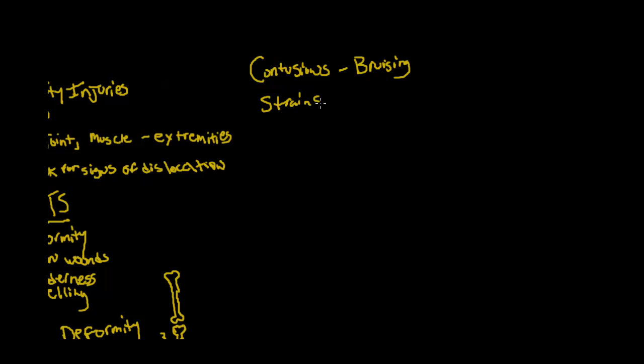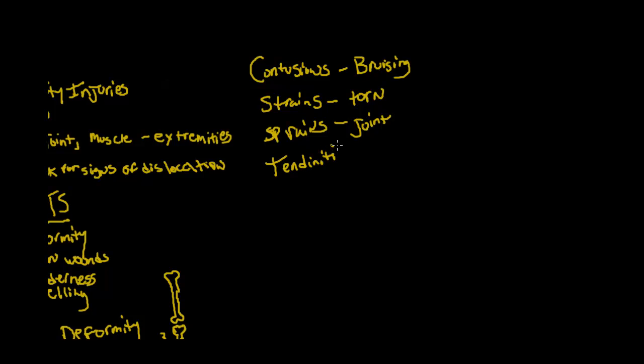Strains, I know we talked about this in the last chapter, so I'm just going to briefly touch on it. Like torn muscle fibers, and there's different levels there, different grades, different degrees, I should say. That's really how they classify it. Sprains to a joint, so we've gone past its range of motion.